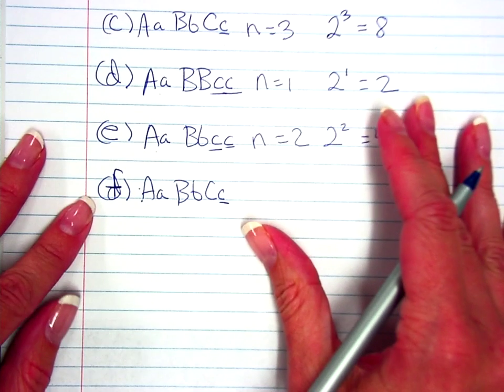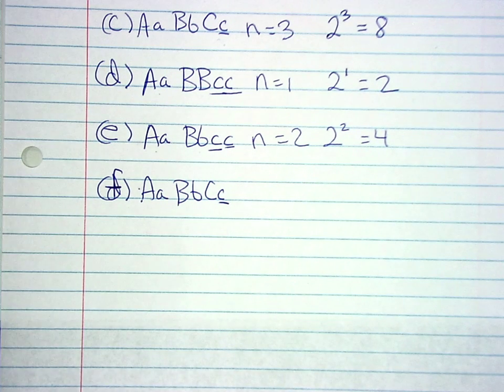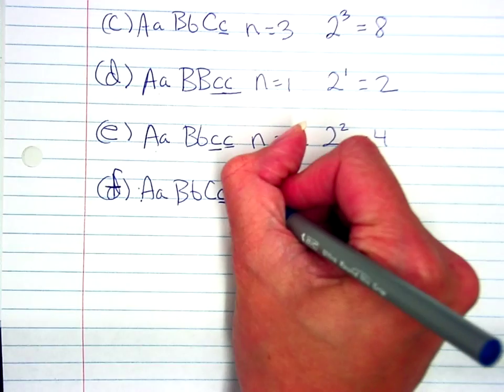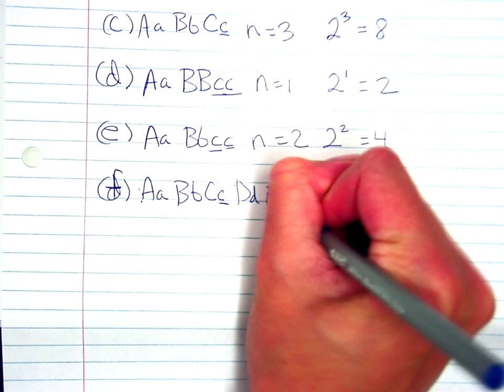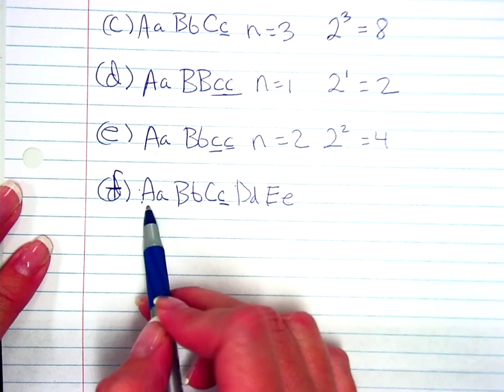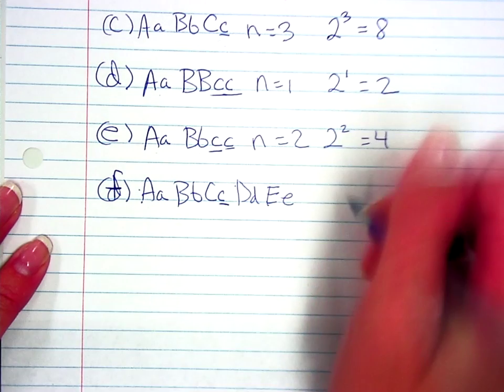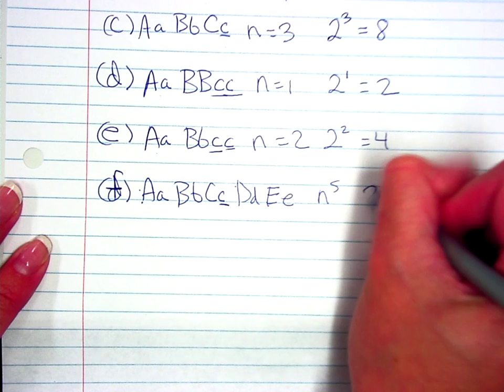And part F, if you'll notice, F is going to be 1, 2, 3, 4, 5, n equals 5, and you're left with 2 to the 5th power.